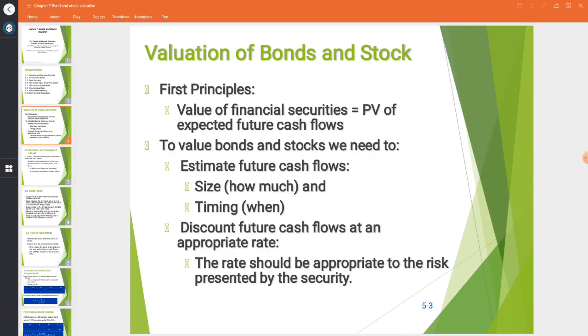Number one, we need to estimate future cash flow related to this type of bond and stocks. This implies that you need to know the size, how much these future cash flows are, and you need to know the timing when these future cash flows will occur.